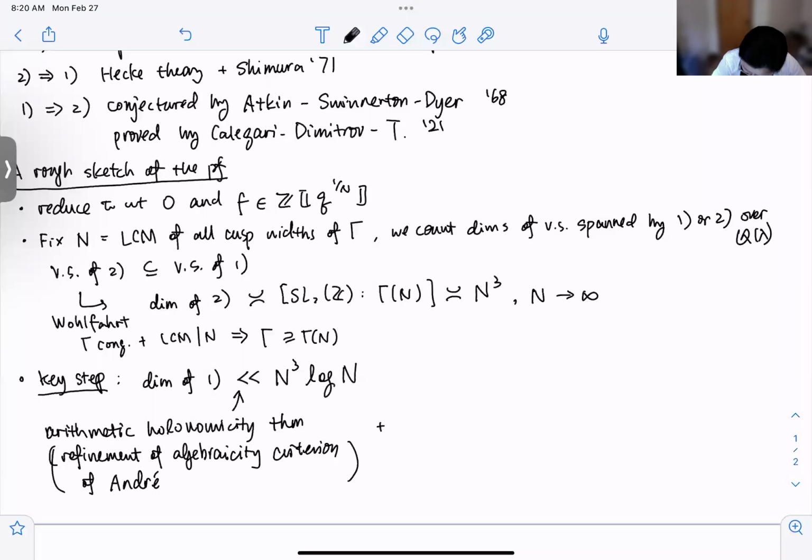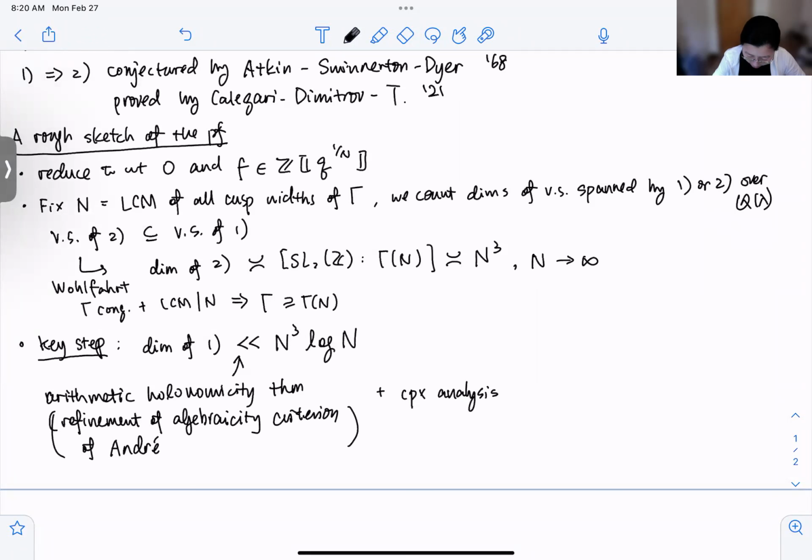I'll put complex analysis at this moment and explain what the complex analysis input is once I state the precise statement.